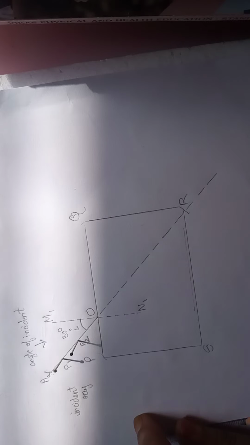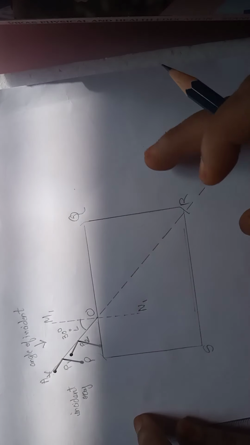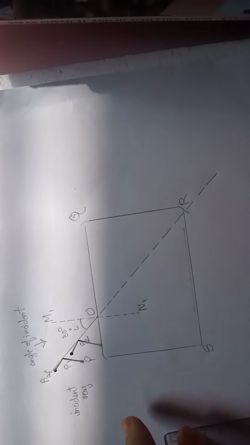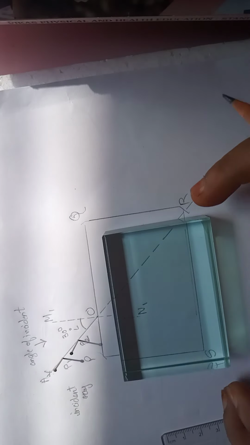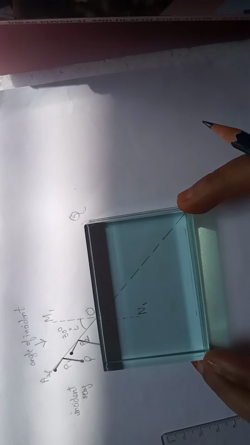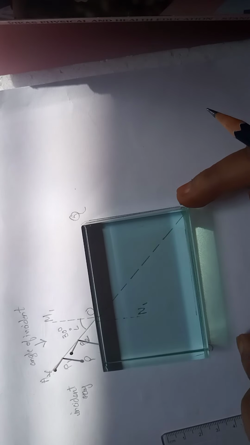After that, I am going to replace the glass slab on its original position. So accurately I will keep the glass slab on this position. See, it should be properly fixed on the boundaries.